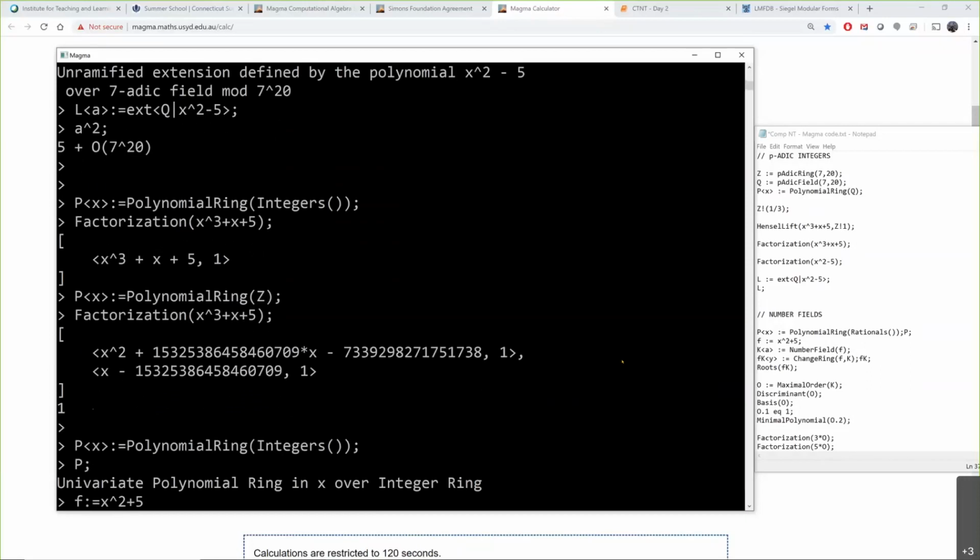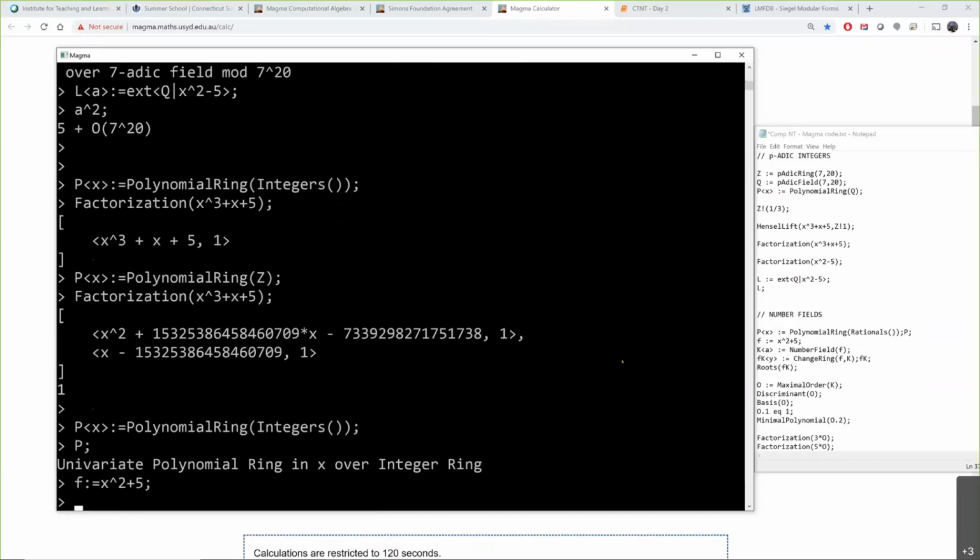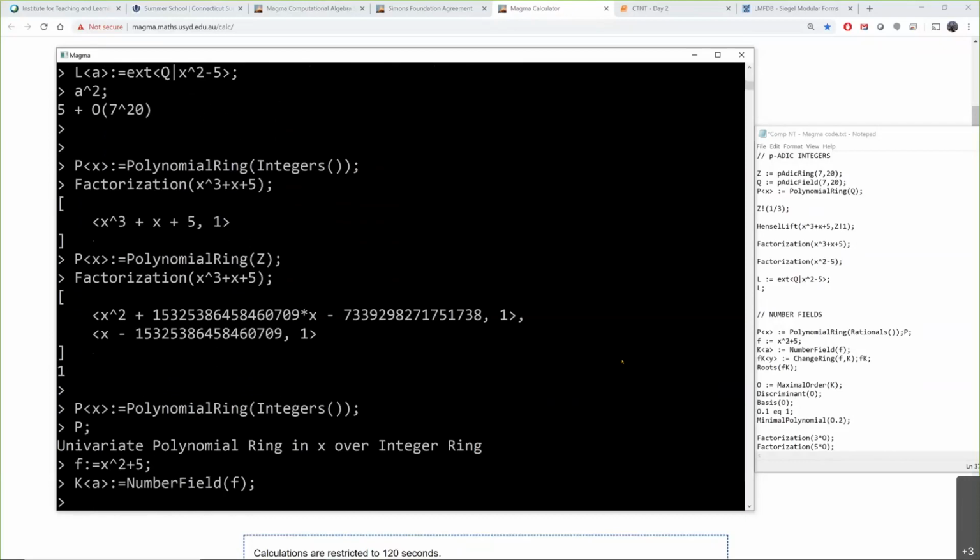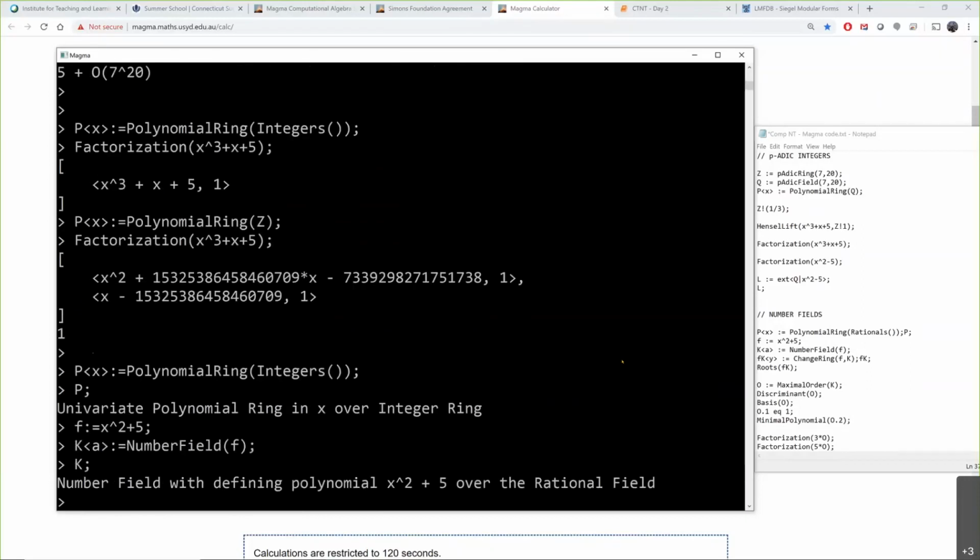I'm going to extend the rationals by a square root of -5. So here we go. I'm going to define a number field by that polynomial extension, and there you go. So it gives me that extension.